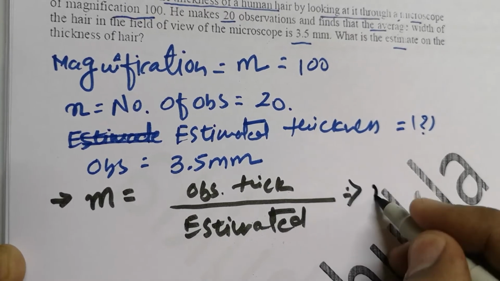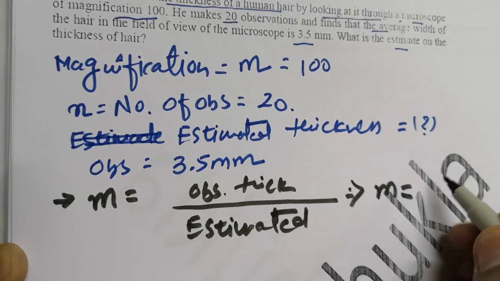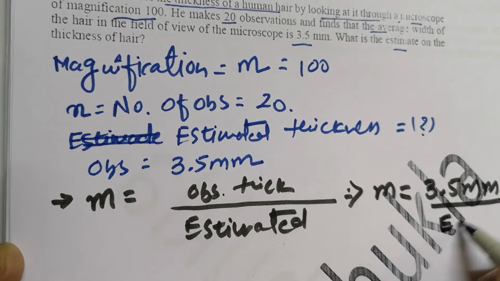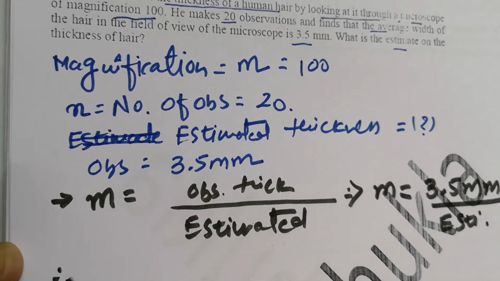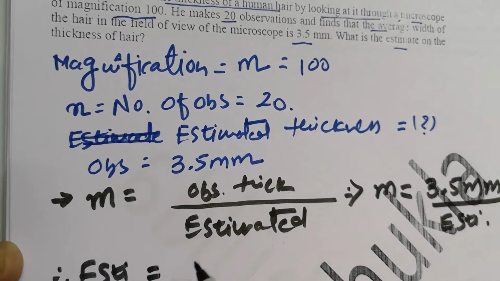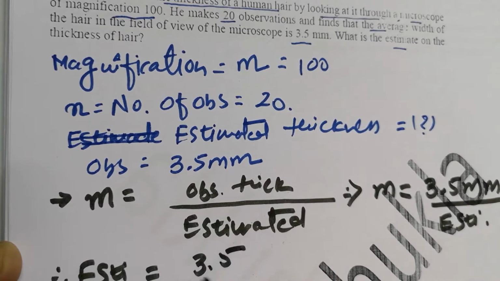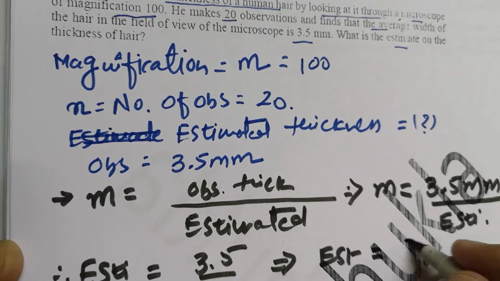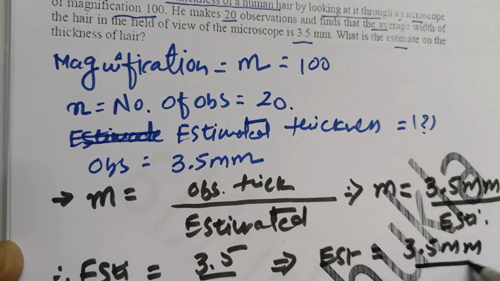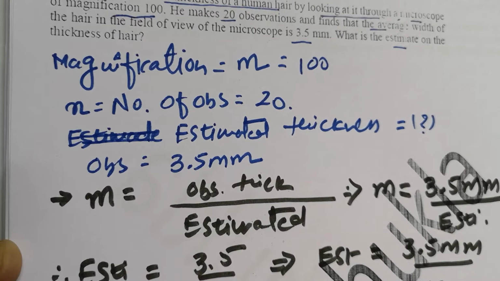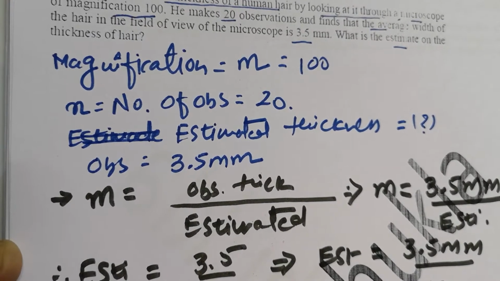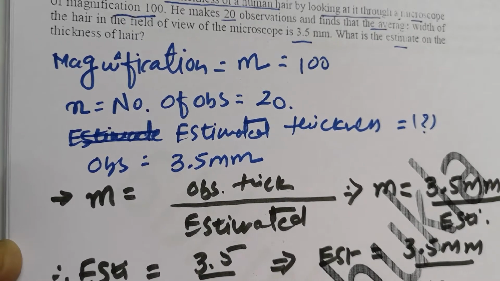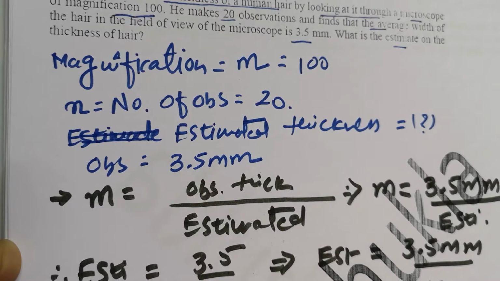So we can say that m is, okay, our observed thickness is 3.5 millimeter, and that is the estimated. So we can have estimated equals 3.5 divided by m. So our estimated thickness is equal to 3.5 millimeter divided by 100. So the estimated thickness of a human hair is 0.035 millimeter.